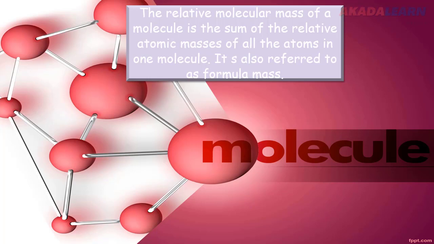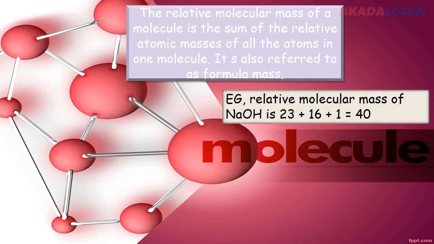Don't get confused: we were talking initially about relative atomic mass, and now we are talking about relative molecular mass. These are two different things. For a molecule, you might have more than one type of atom. We get their masses, add them up together, and get the relative molecular mass of that substance.